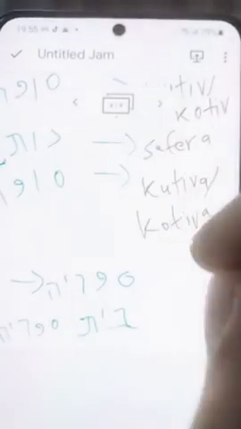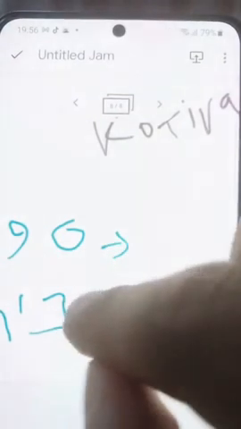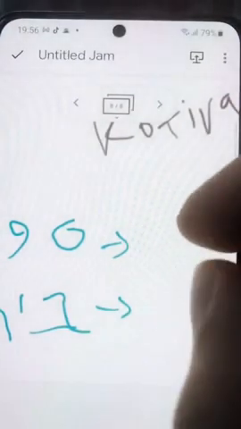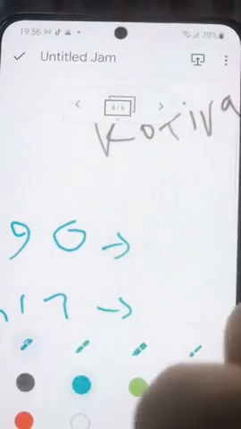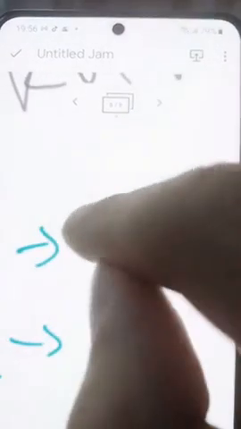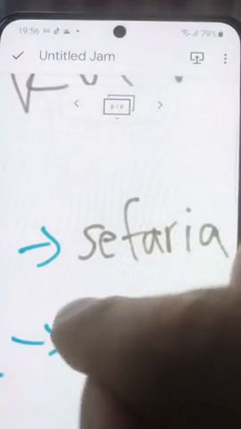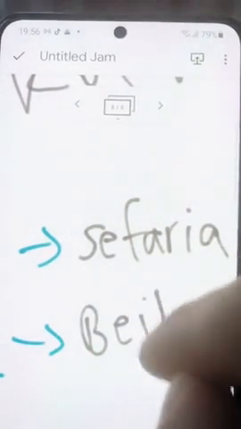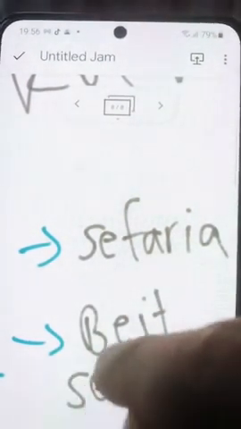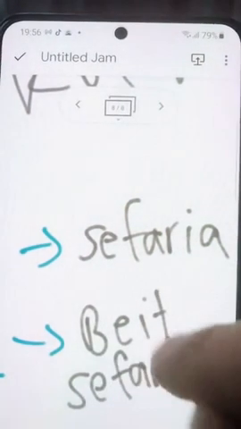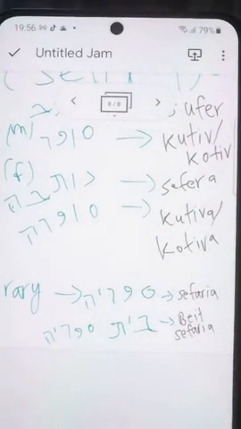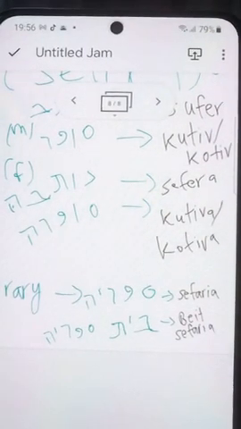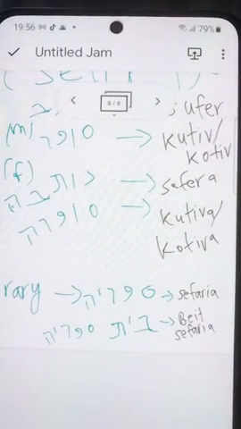Okay. And then this, and then this, and then this. This is the root for maktub in Arabic.